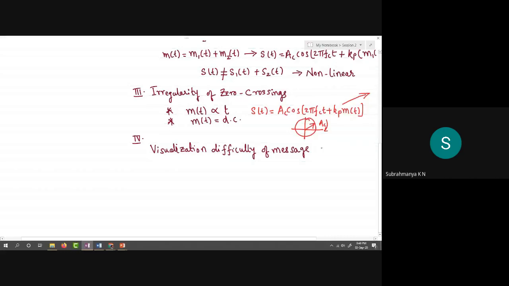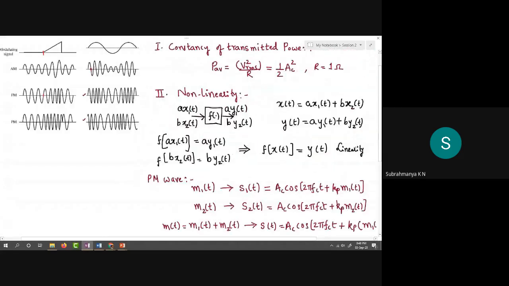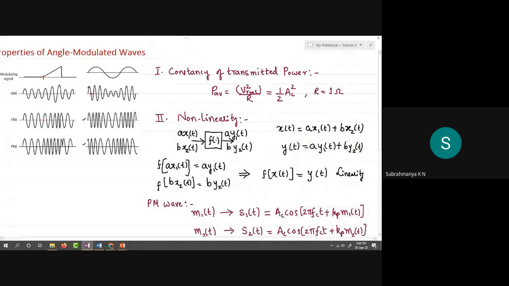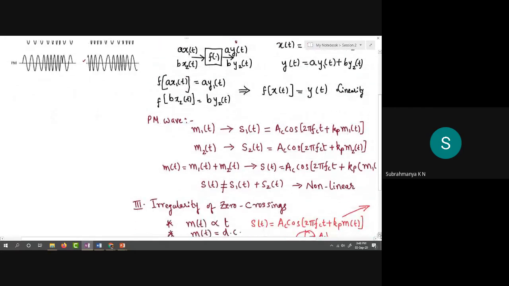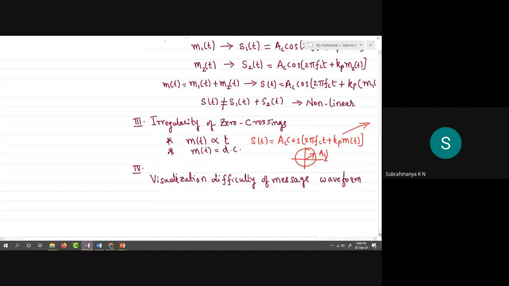In amplitude modulation, the envelope was nothing but the message signal. If I join all these amplitudes, it matches your message signal. So there is one-to-one correspondence between the amplitude of these two. But in case of angle modulated signal, it is very difficult to identify the nature of the message signal. So this is also one of the properties, or the difficulty in understanding the nature of the angle modulated wave.